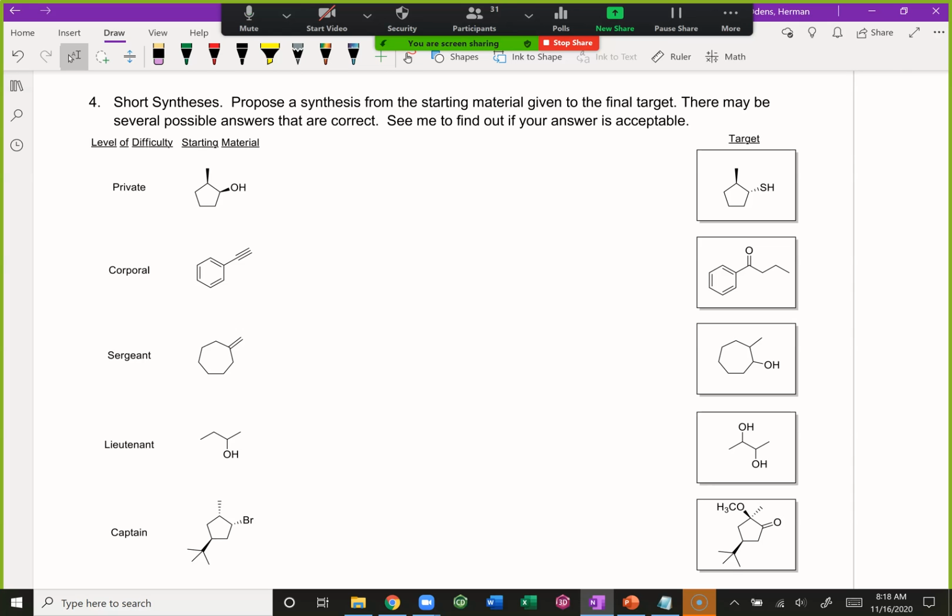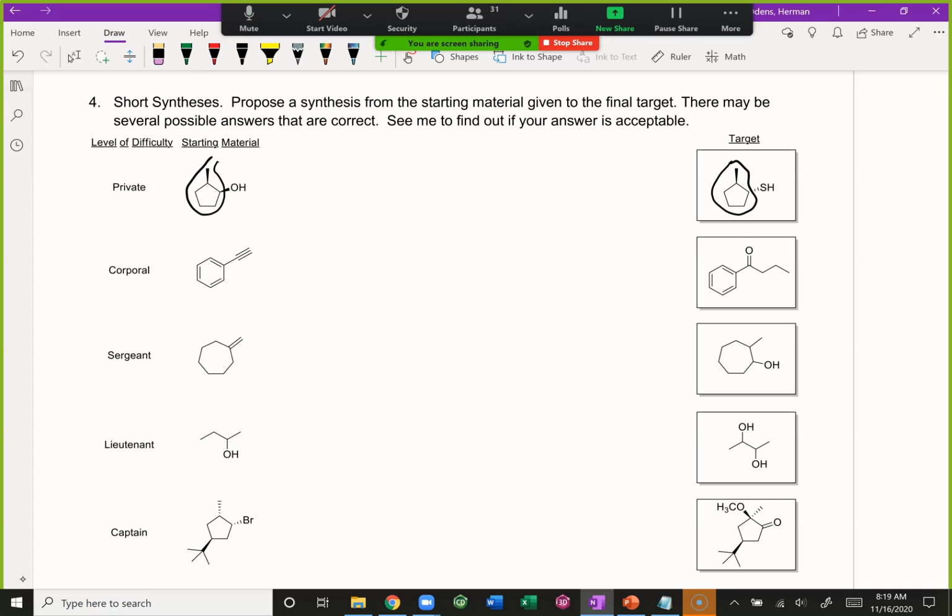So anyway, let's take a look at what's happening here. So I see that this part of the molecule has not changed. And then I have an OH that turned into a thiol group, an SH.